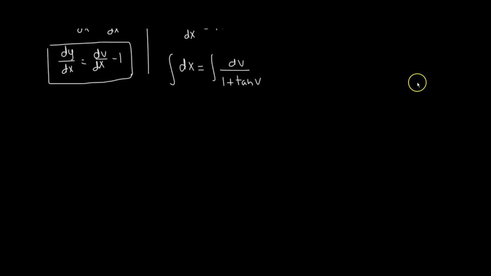So let's begin. We know that the tangent function is the ratio of the sine function and the cosine function. So we replace tangent with the ratio sine over cosine.